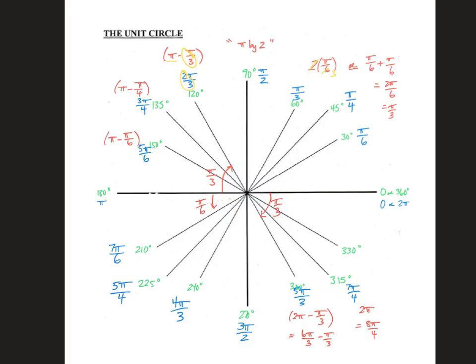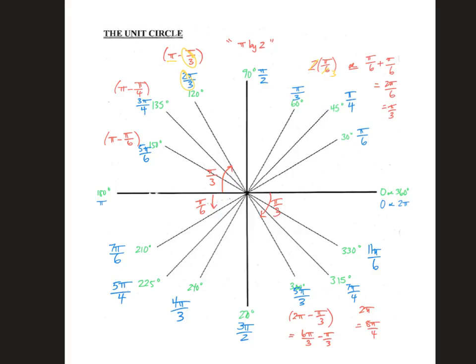And if we were then to move to 330, that would now be a full rotation, but in sixths. So I have a 12 pi by 6, subtract off 1/6, and there's my 11 pi by 6. There is us working around the entire unit circle, now being able to talk about all those angles in radians.